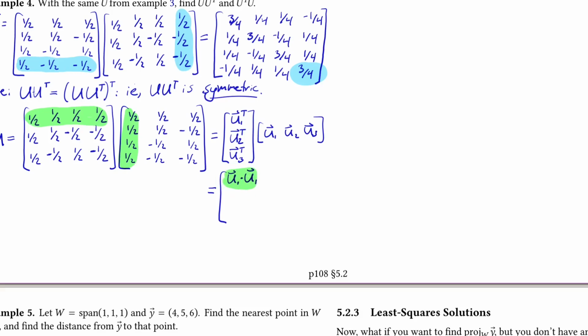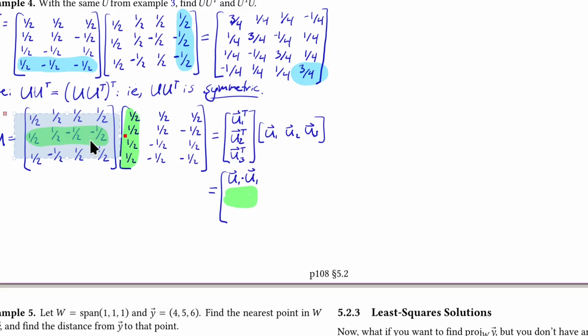The second thing here is going to be u2 transpose times u1, which is really just u2 dot u1. The third thing, using row 3 of u transpose dot producted with column 1 of u, which is u1, is just u3 dot producted with u1.